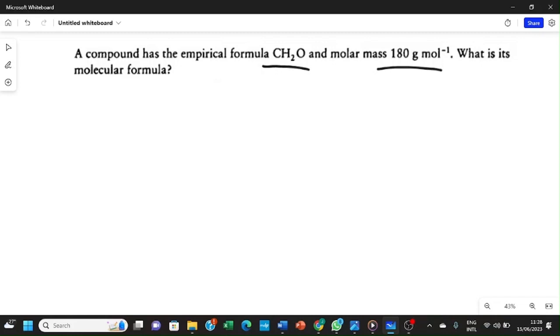The formula is: molecular formula. Please, I want you to put it down.